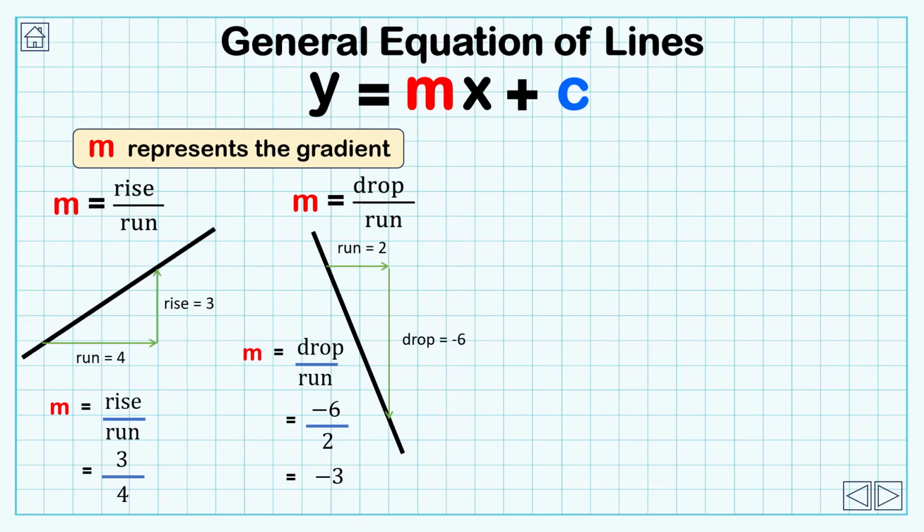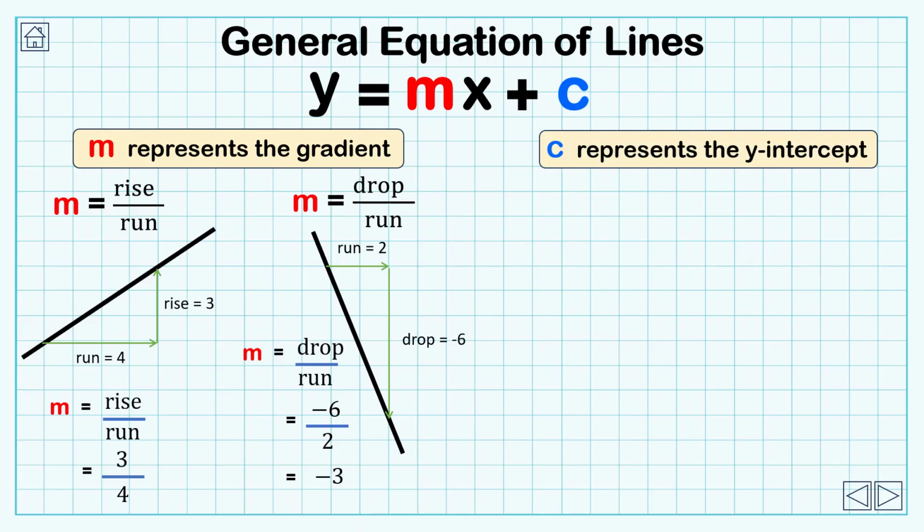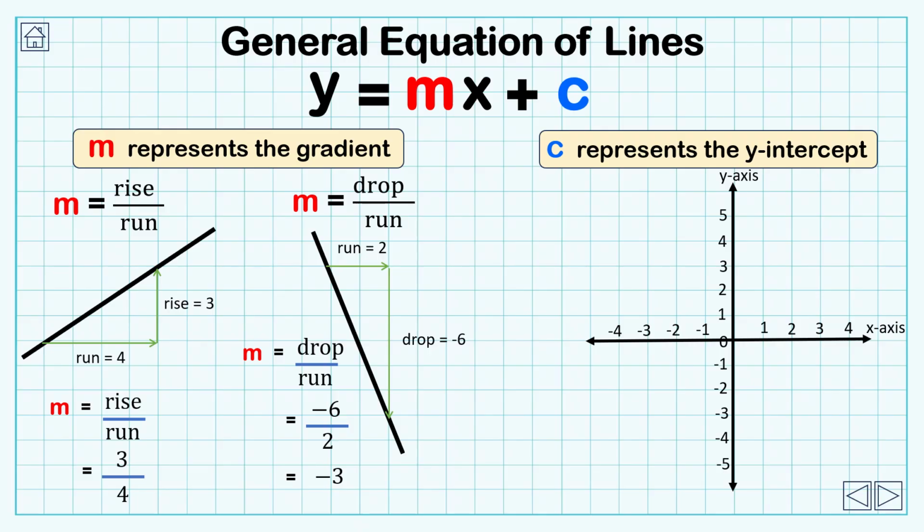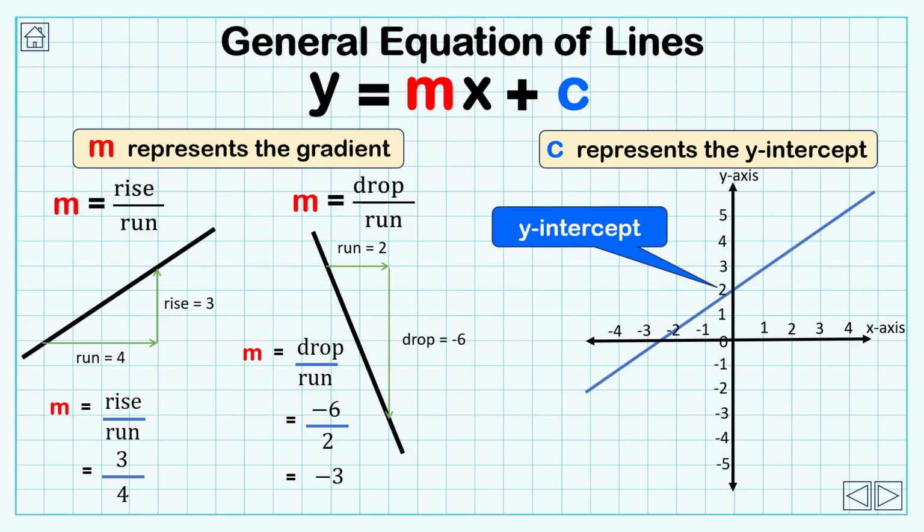Let's see how we can work out the values of the y-intercept. So c represents the y-intercept, as you know. Okay, we've got our graph ready with the numbers now. This first line goes through the y-axis, and guess what the value of the y-intercept is?